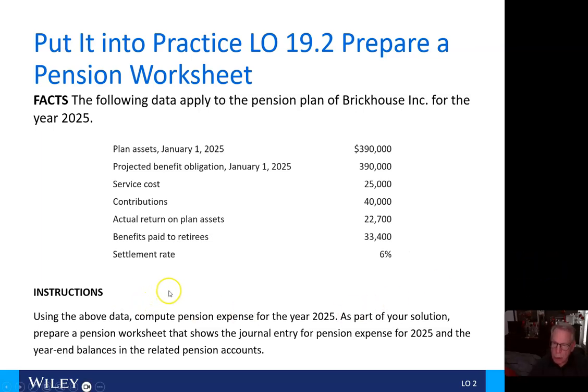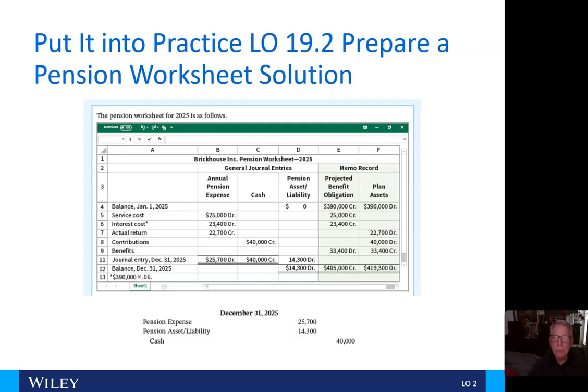They want you to use the above data to compute the pension expense for the year 2025. And as part of your solution, prepare the pension worksheet that shows the journal entry for pension expense for 2025 and the year-end balances in the related pension accounts.